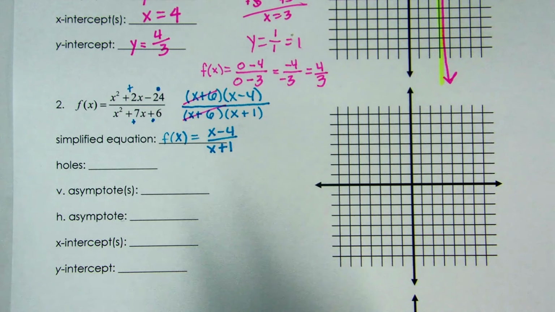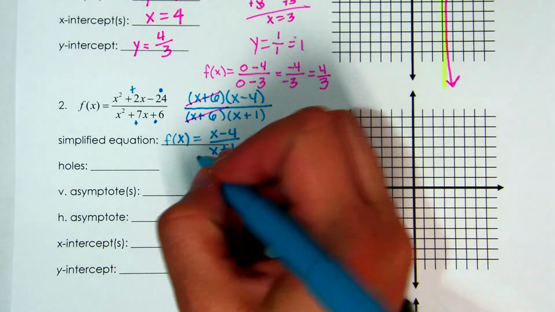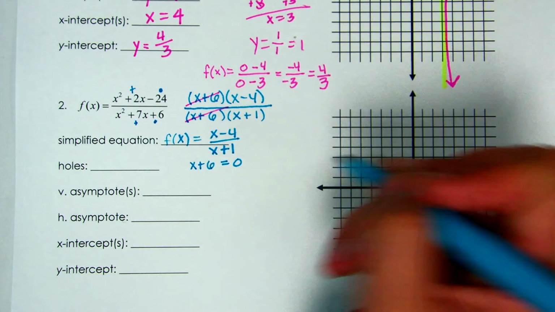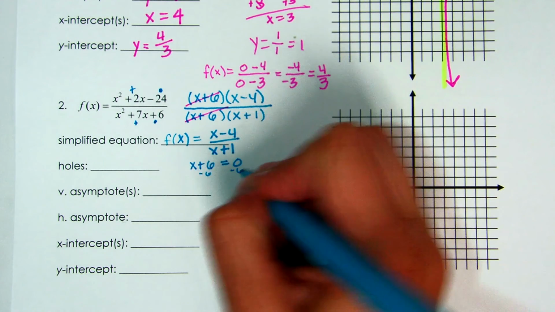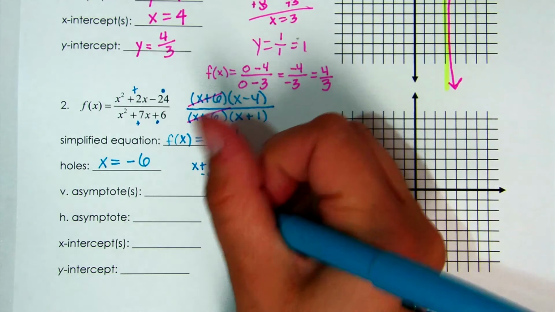To find the hole, I take the canceled factor, x plus 6, set it equal to 0. So that tells me, by subtracting 6, that x equals negative 6 is where the hole is.